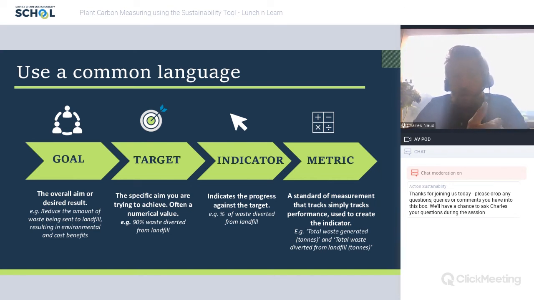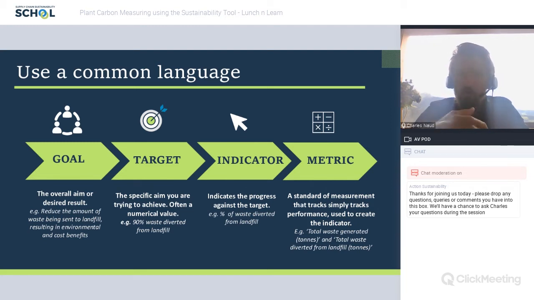Then from that, what your indicator is, your KPI. So it's what is your percentage of waste diverted from landfill, and therefore what are your metrics? How do you break down that indicator? What information do you need to be able to calculate that? In this instance, we would have total waste diverted from landfill divided by total waste generated times 100 to get a percentage.